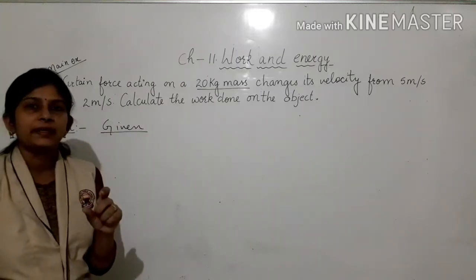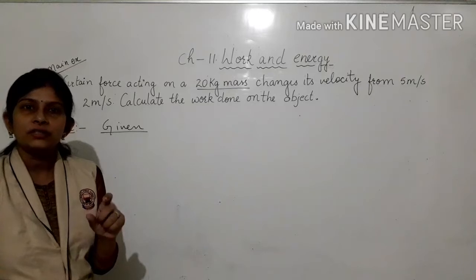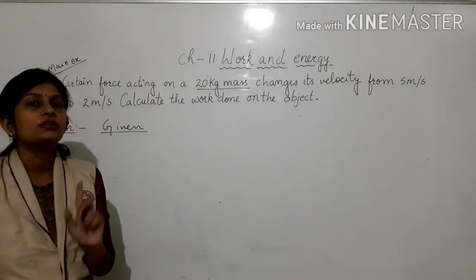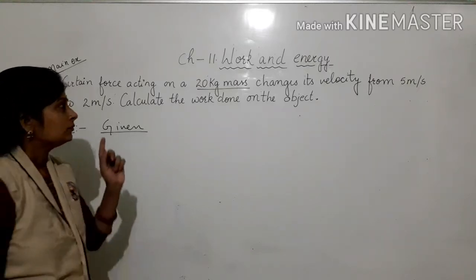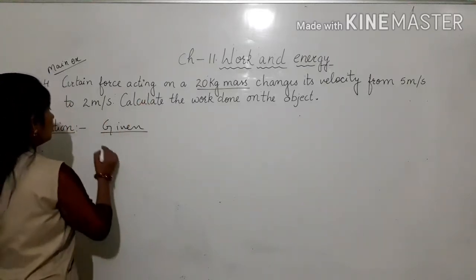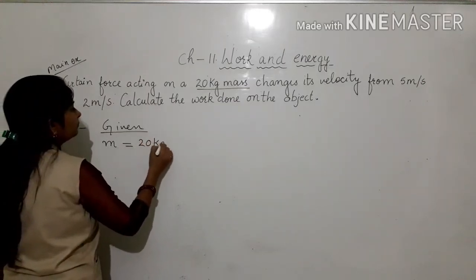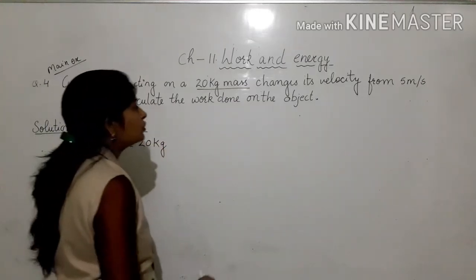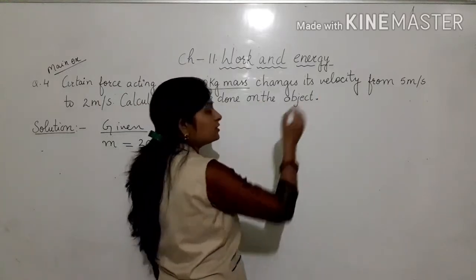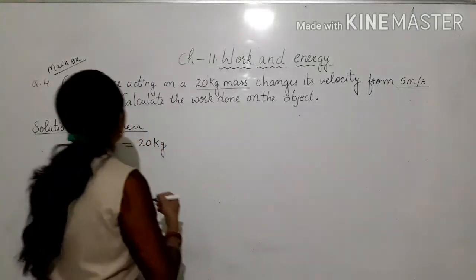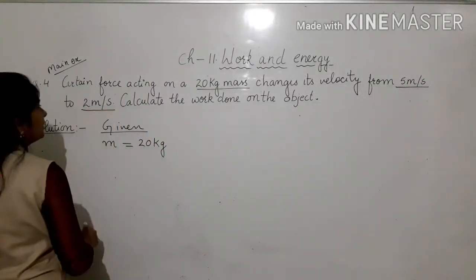A certain force is acting, but what is the fixed value of that force? It is not given. And this force is acting on an object of mass 20 kilogram, which brings a change in its velocity from 5 meter per second to 2 meter per second.